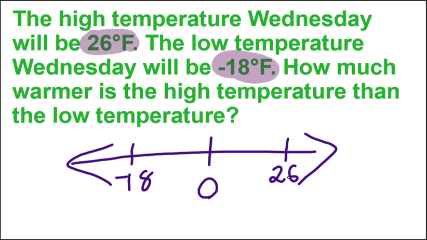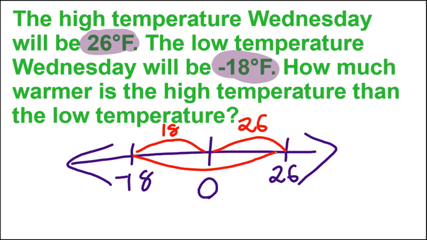So then we look, my negative numbers, if I go from negative 18 to 0, that's 18. If I go 0 to 26, that's going 26. So if I'm going from negative 18 all the way to 26, what we're doing basically is the 18 plus 26.